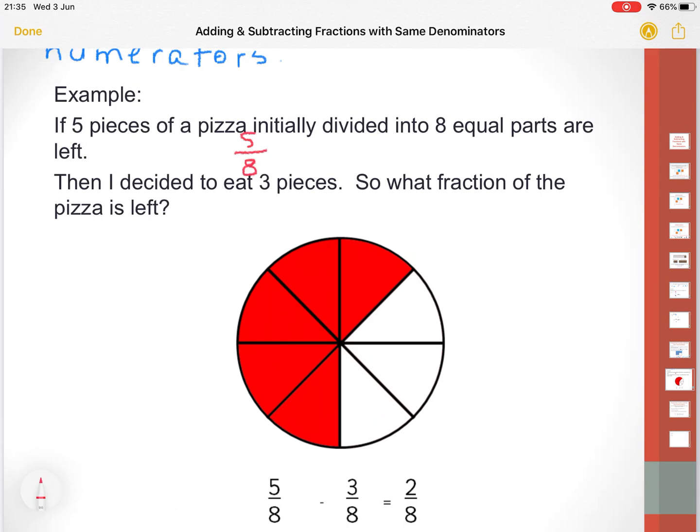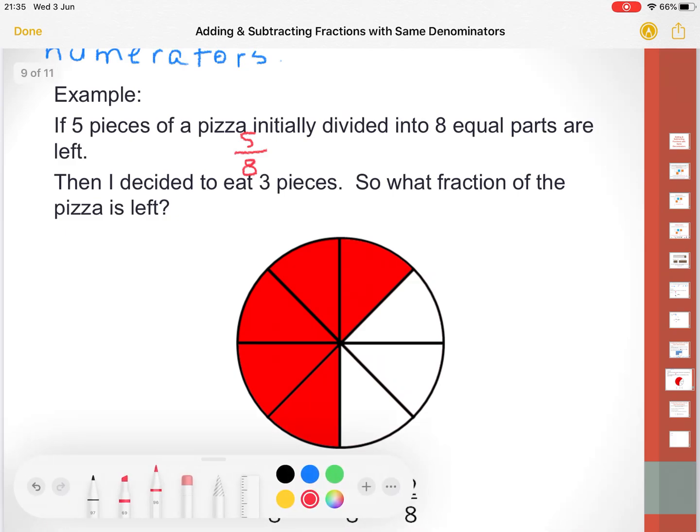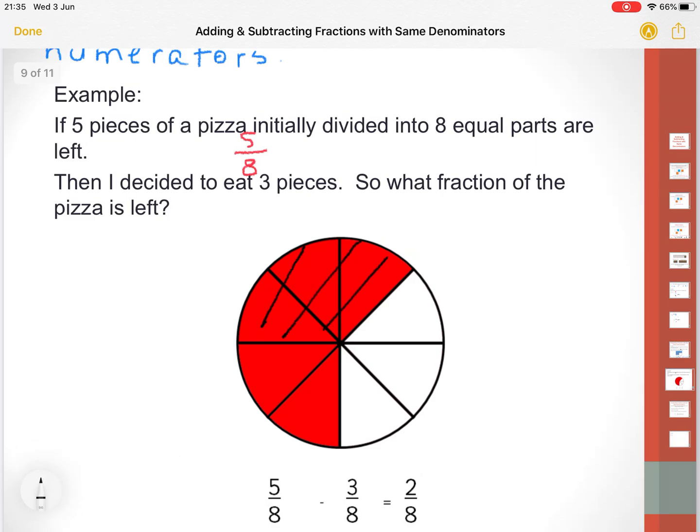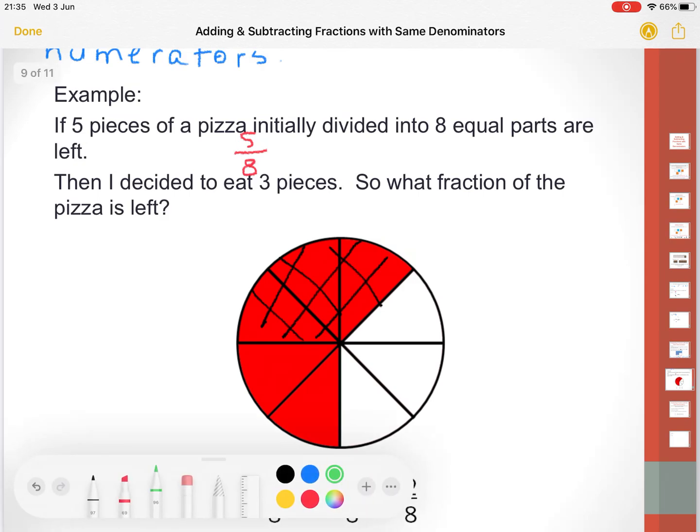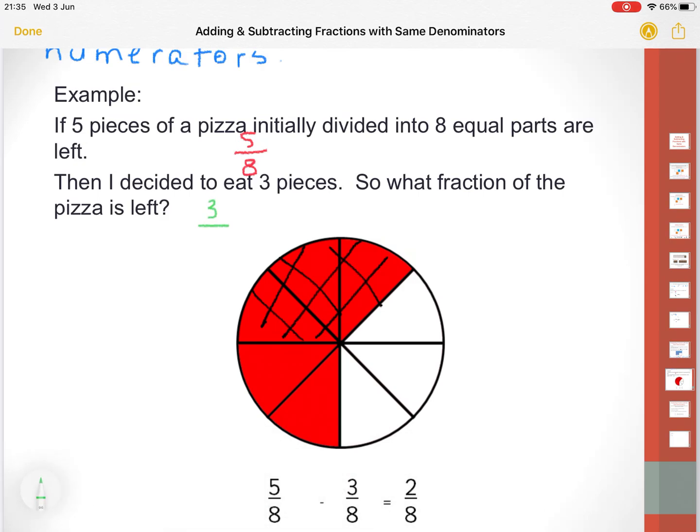Then I decided to eat, so from those 5 pieces, I decided to eat 3 pieces out of 8.